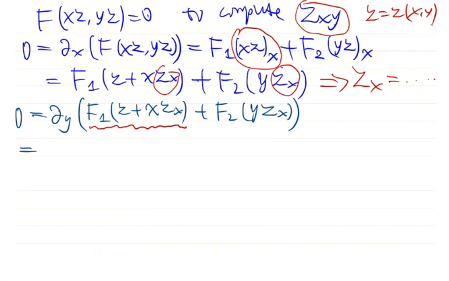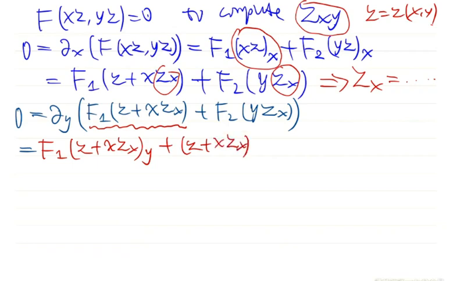So firstly, we have f1 times the derivative of (z plus x zx) with respect to y, plus (z plus x zx) and the partial derivative of f1 with respect to y.